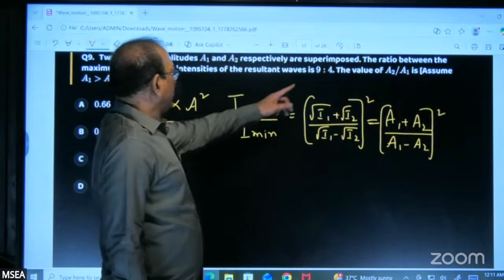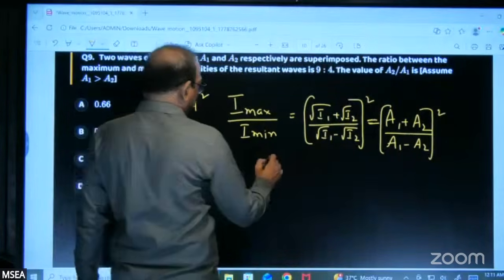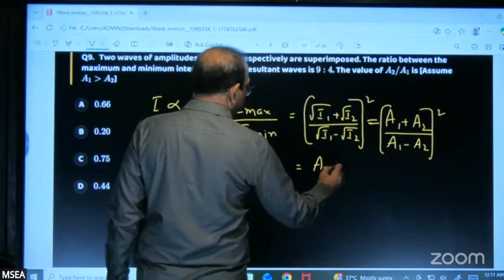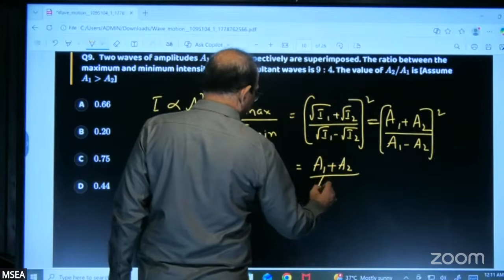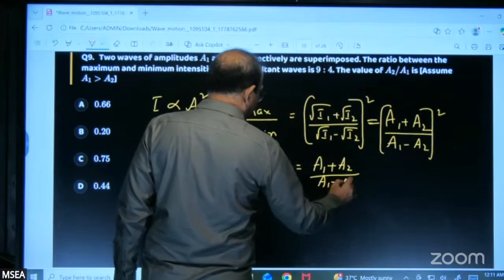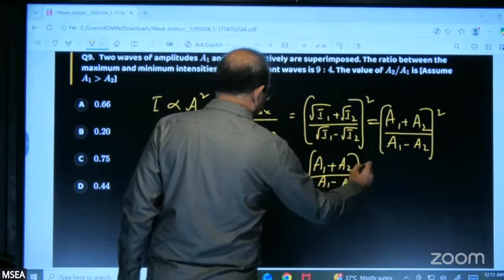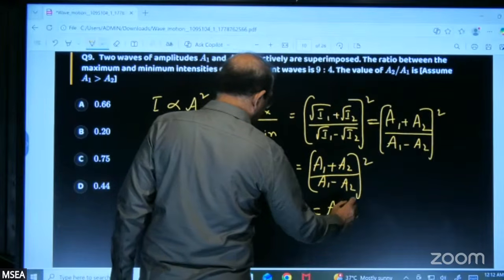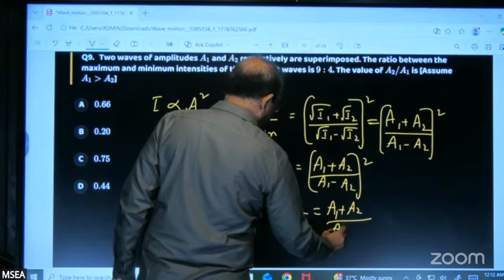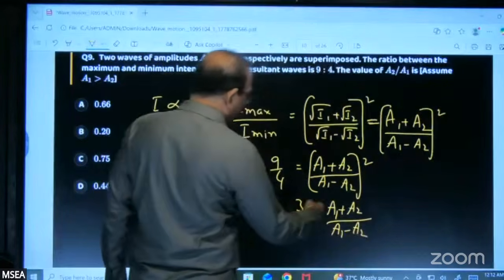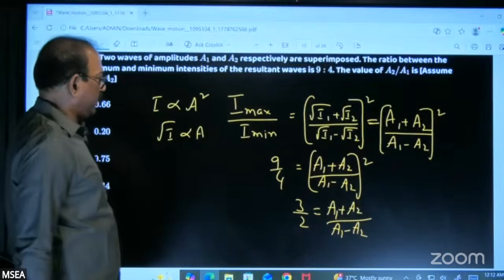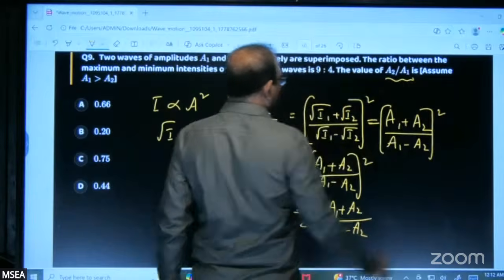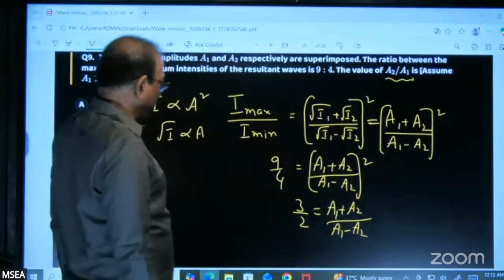Imax by I minimum is 9/4 given. So 9/4 is A1 plus A2 by A1 minus A2, whole square. That is 3/2 equal to A1 plus A2 by A1 minus A2. Cross multiply, find A1 by A2. A2 by A1 is asked, not A1 by A2. Find that.